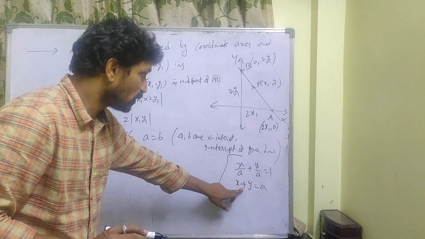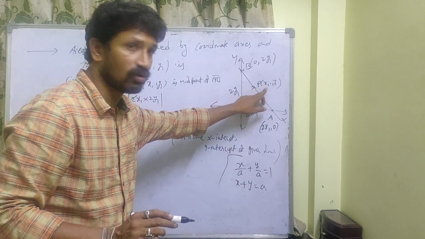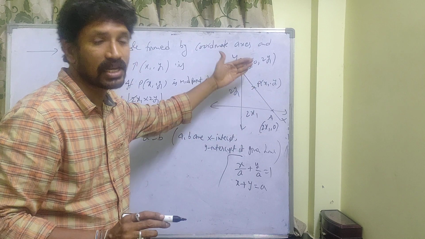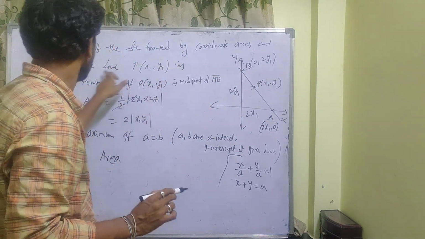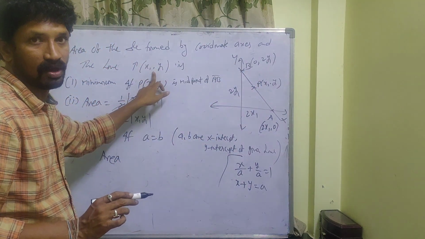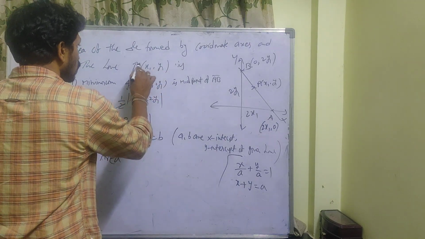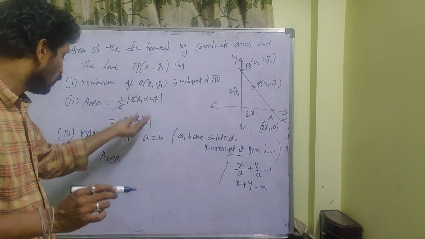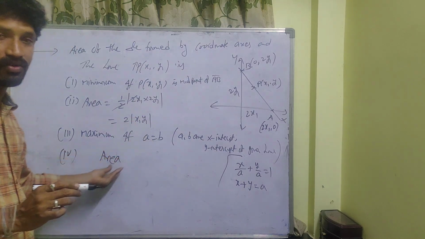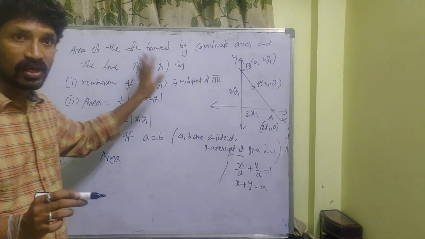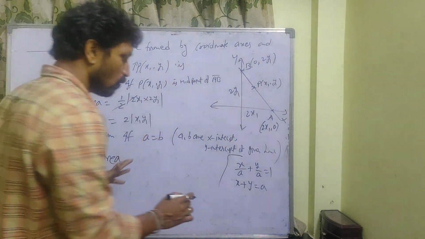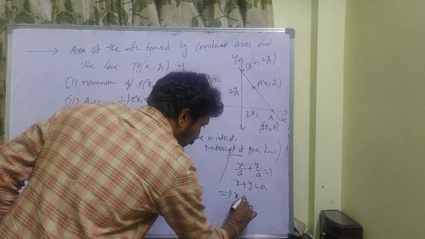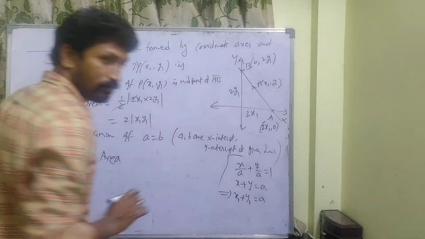This line passes through (x1, y1), but P is not the midpoint here; P is any point. If (x1, y1) is the midpoint, you get the minimum area. If the line has equal intercepts, you get the maximum area. Because it passes through (x1, y1), it satisfies x1 plus y1 is equal to a.